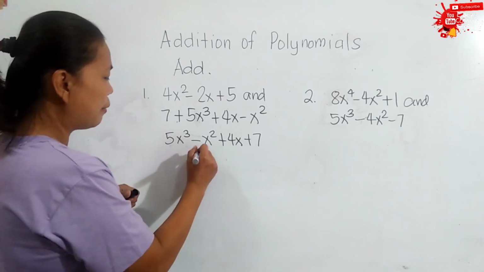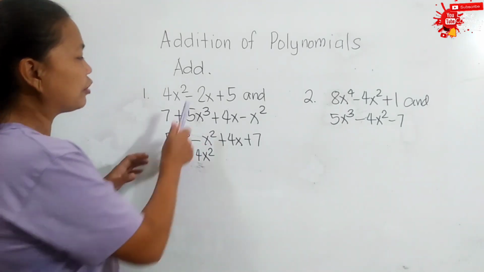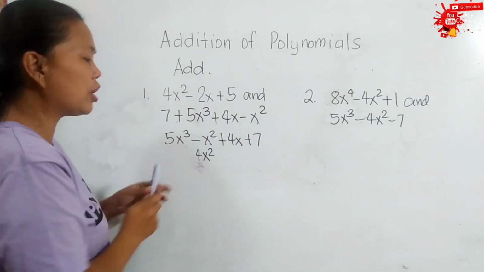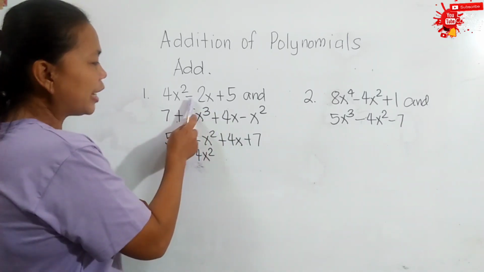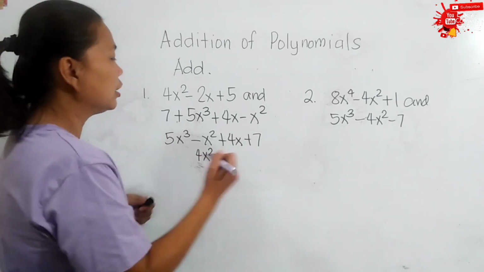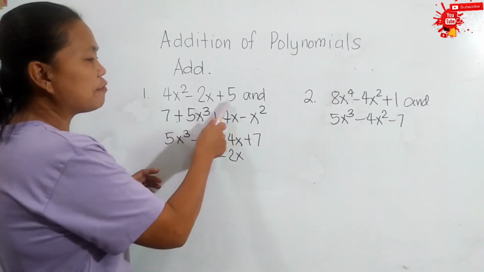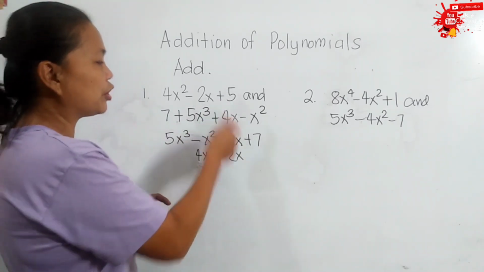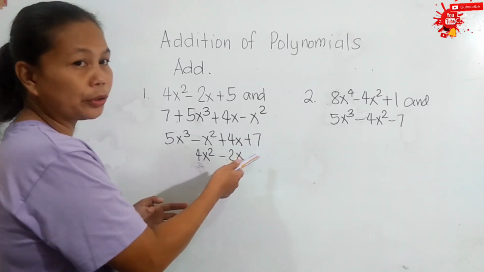So we have here positive 4x squared. How about negative 2x? It is similar to positive 4x. So we will write negative 2x below positive 4x because they are similar terms. Then we have here positive 5. This is a constant term. So therefore, we will write it below the constant term 7.